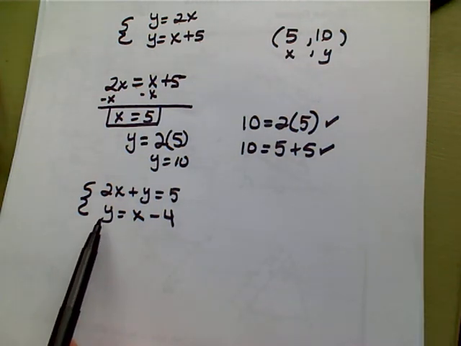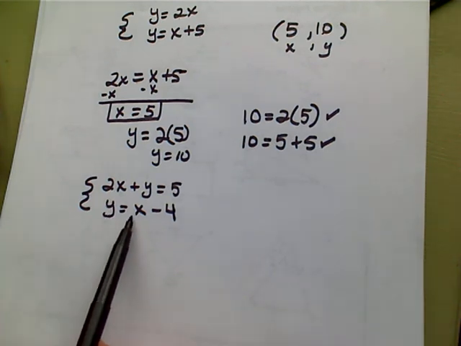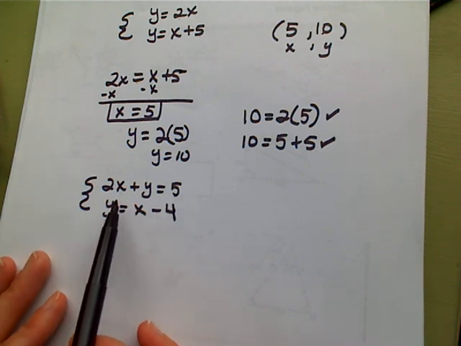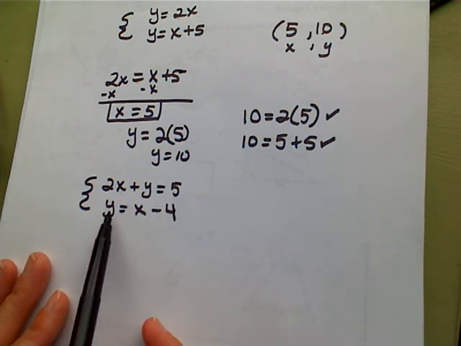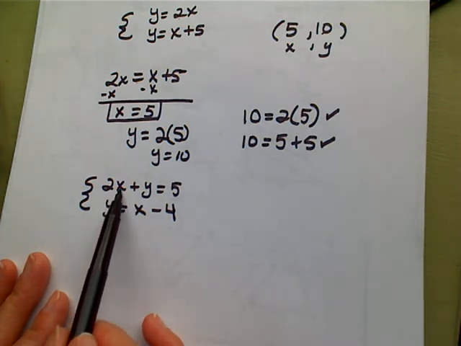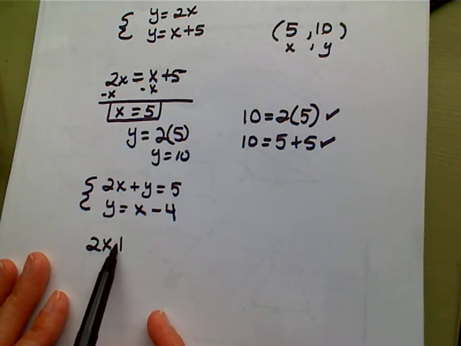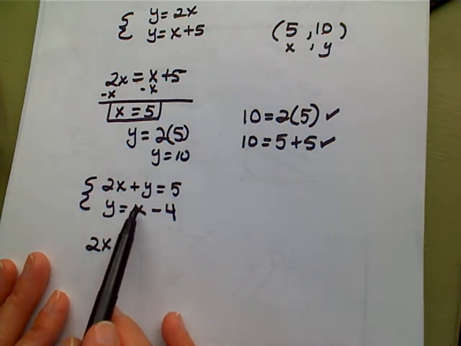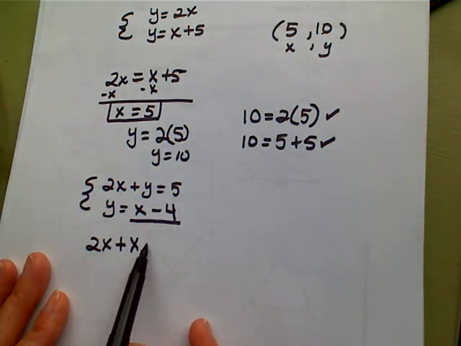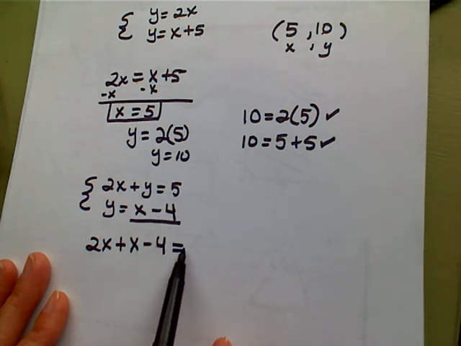But looking at my two equations, I see that they've already given me an equation for y. So I'm choosing to substitute this value of y into this equation. I'm going to pull the top equation, and I'm going to say 2x plus, and instead of y, I'm going to substitute this: plus x minus 4, and then finish it out, equals 5.